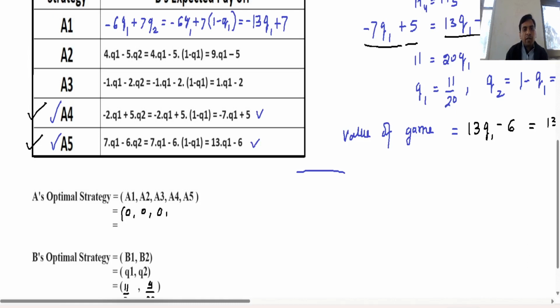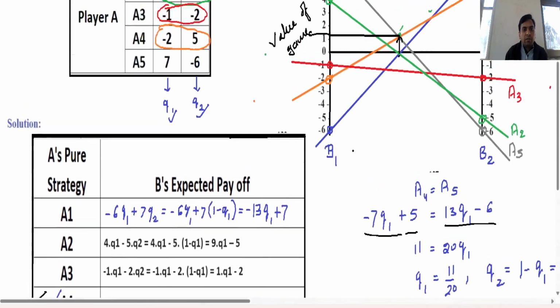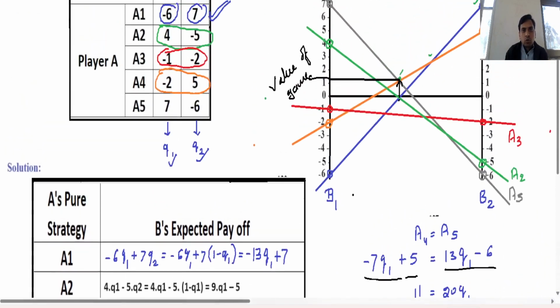Now for A4 and A5 we will consider probabilities P1 and P2, and we will make an equation for A4 and A5. This one is A4, this is A5. We will consider the proportion of P1 and P2 and make an equation for this, first for one and then equate.